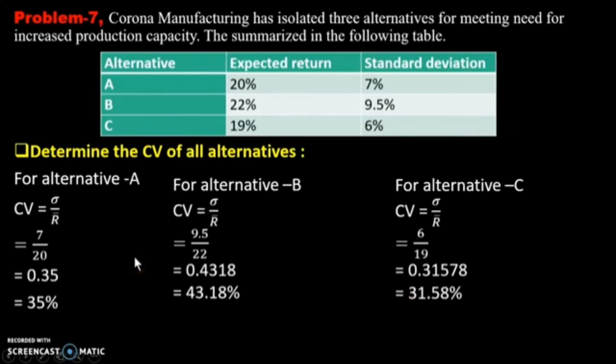So everybody, I hope all understood how to calculate CV when standard deviation and R bar are given. But sometimes standard deviation and R bar are not given. Then you will first calculate expected return, then standard deviation, and finally the coefficient of variation, or CV.